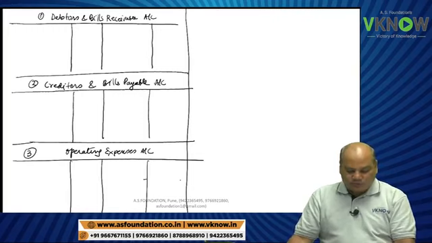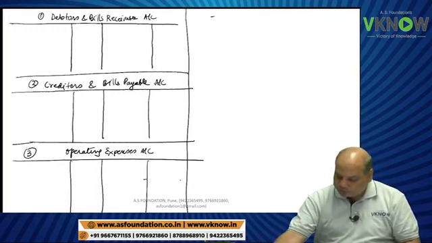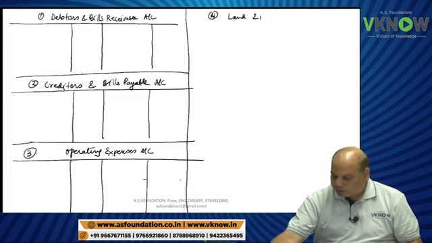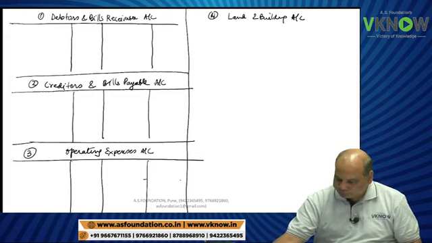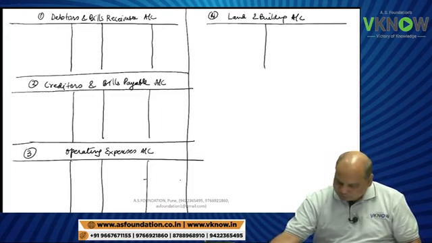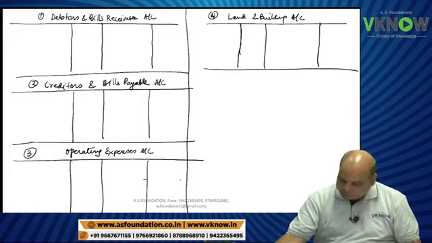5 or 6 lines blank. Then working note 4, land and building account, 6 lines.